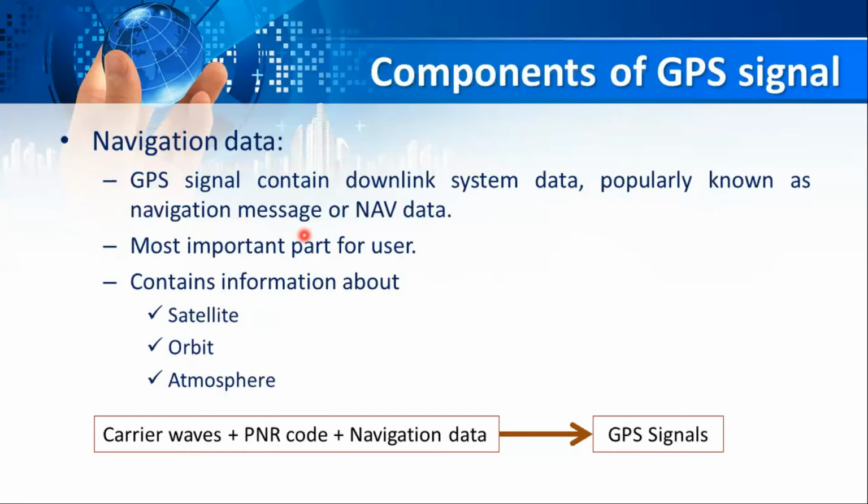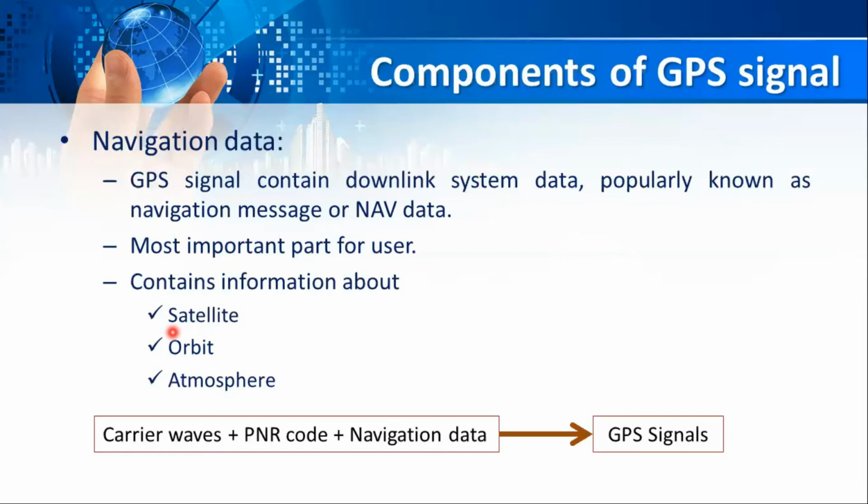And what does this navigation data contain? It contains information about the satellite, the health of the satellite, and the quality of data. These are the information we get from the navigation data.